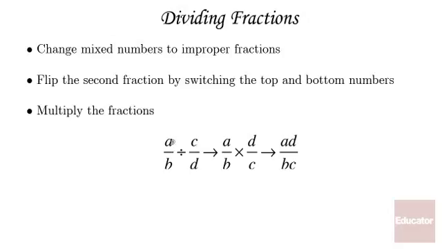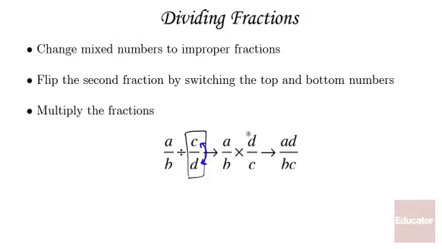So when you have a fraction a over b, and you're dividing it by another fraction c over d, what you're going to do is take the second fraction and flip it. You make the top number the bottom number, and the bottom number becomes your top number.